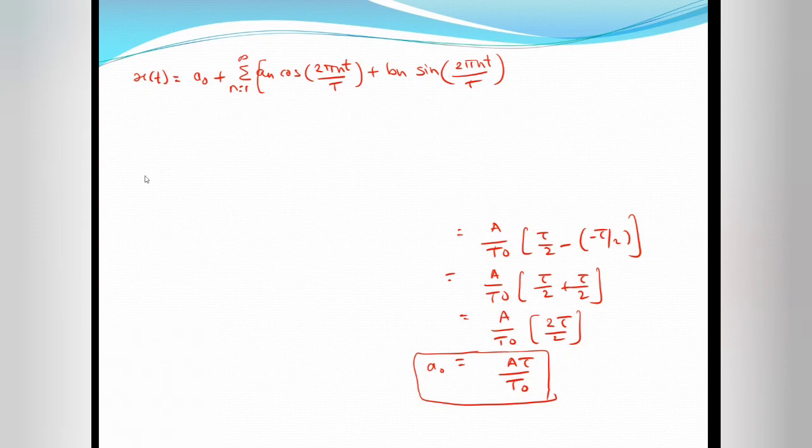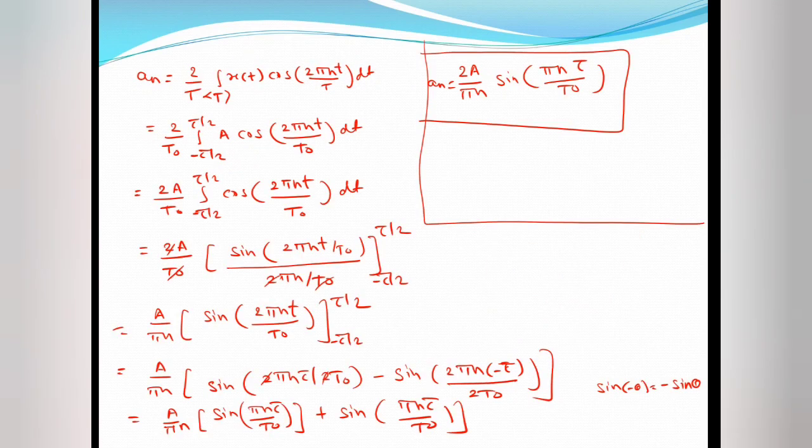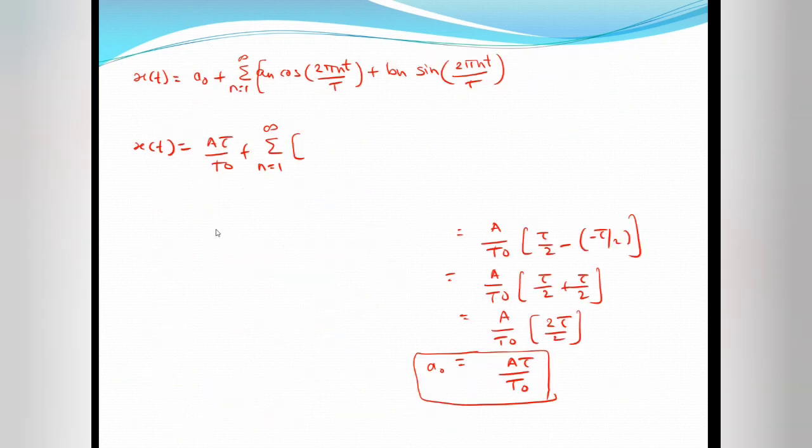So x of t is equal to a0, value of a0 is a into tau by t naught, plus summation n is equal to 1 to infinity of the value of an. And what is an? An is 2a by pi n sine of pi n tau by t0.